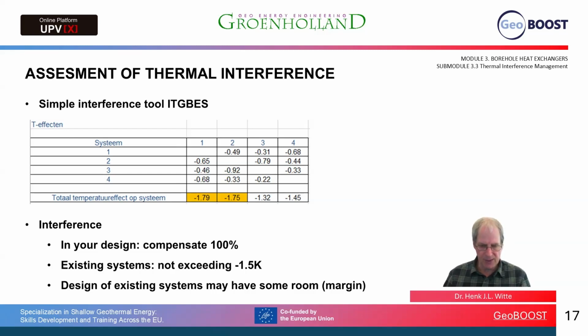For instance, if they're designed for 0 degrees, but the actual temperature calculation shows that with a slightly larger length of installed borehole, the temperature is plus 0.5 degrees, I have plus 0.5 degrees margin to allow other people to also install a system in the vicinity.